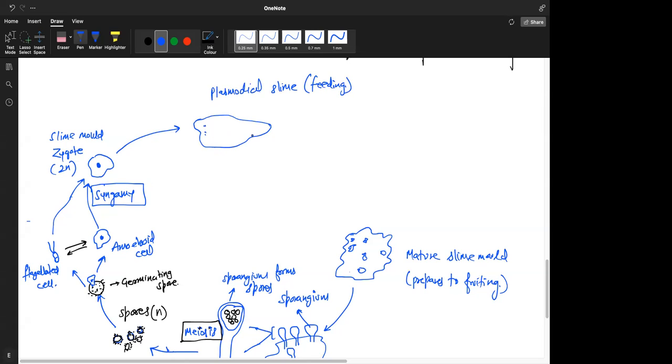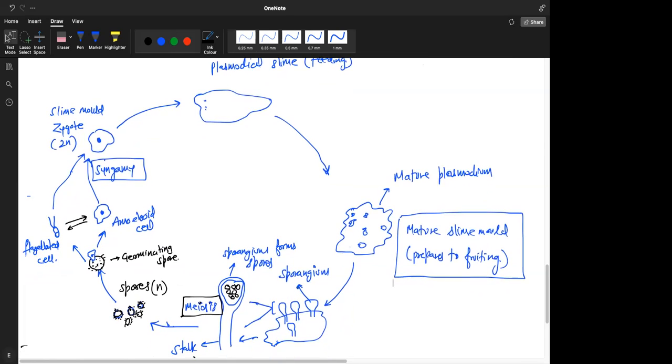It eats a lot. It keeps eating, and then it becomes a mature slime mold, also known as mature plasmodial. Is it clear? Yes. So this is how they reproduce.